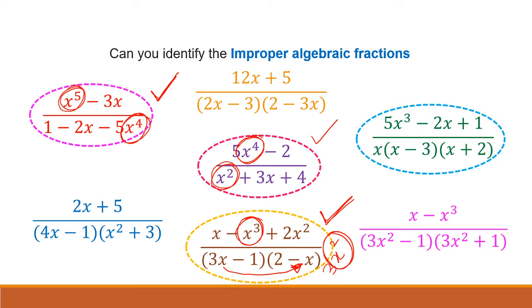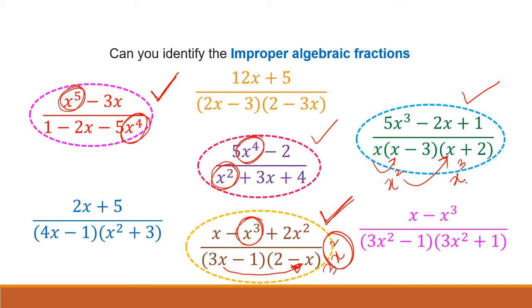Alright. Now in this last fraction also we have something that can be simplified in the denominator, right? So you need to simplify that before you can decide whether it's improper or not. So if you multiply this x by the x in the first bracket, you would get x squared, and x squared into the x in the second bracket will get you x to the power 3.